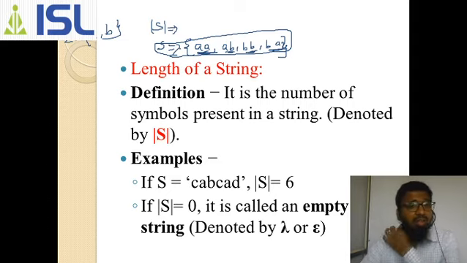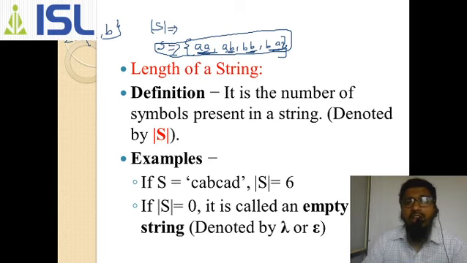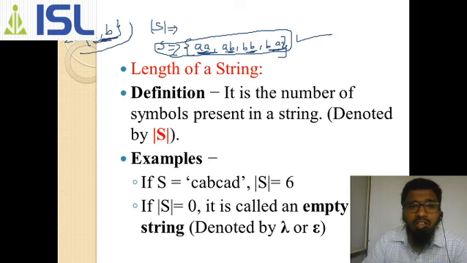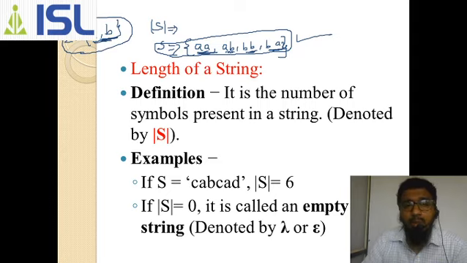So the strings are AA, AB, BB, BA. This is a valid string. Why? Because we are using symbols available in the given sigma to make the string.